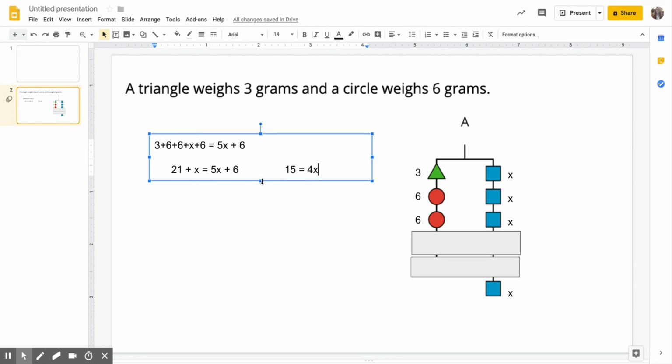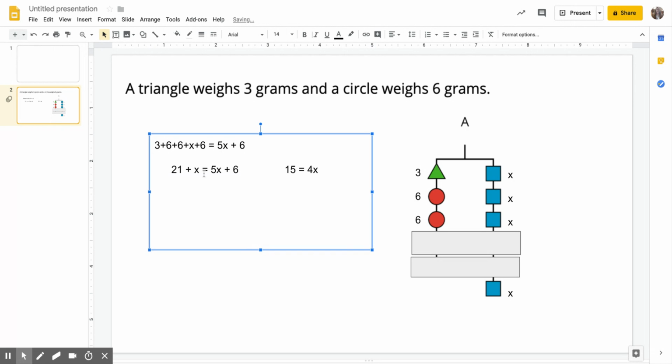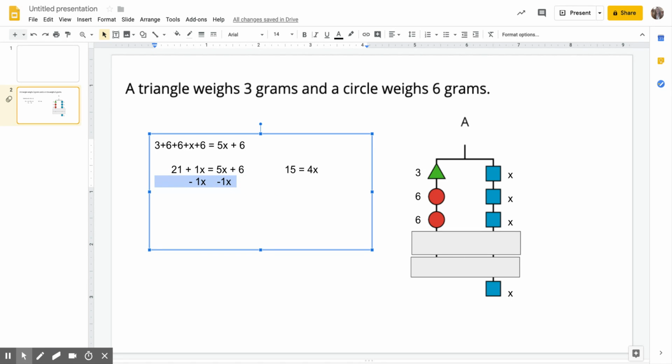If you start to work on balancing equations, you can see that if I were to bring all of my variable terms to one side of my equation, I have 1x on this side. Let's add in that 1. And I have 5 x's on this side. So I can subtract 1x from both sides of my equation, and I end up with 4x like I have over here.